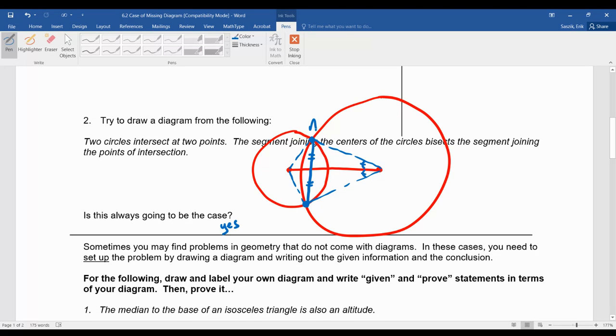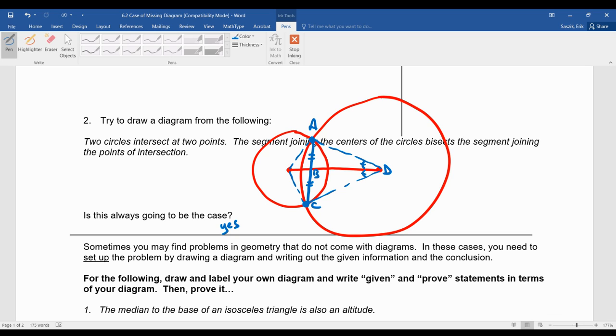Now I could prove triangle ABD congruent to triangle CBD because SAS, we got this reflexive BD now, right? So then that would force AB to be congruent to BC, right? So there you go. We just proved it every single time.